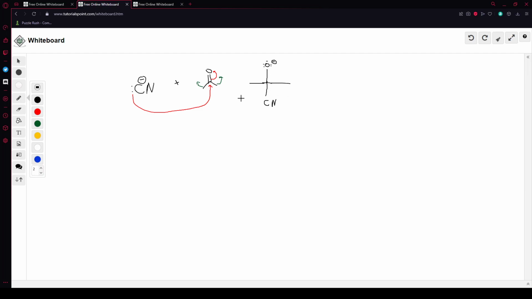And so when you do these reactions of carbon nucleophiles with ketones and aldehydes, you're going to have this extra negative charge from the carbon.